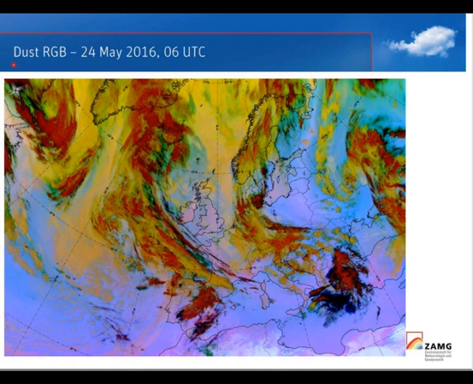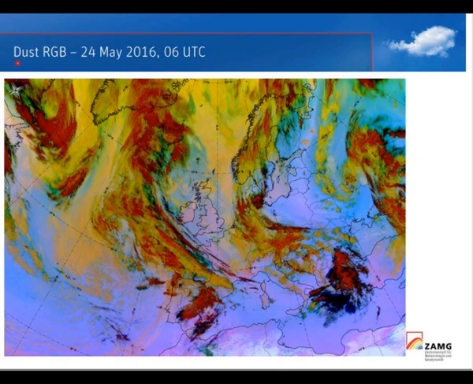So you see the same weather situation, the same weather pattern. We still have our occluded system over here with the warm front. We have some occlusion here. And it's the same weather situation, but you see so much more information on this image due to the different colors. So the colors give you much more information than just white and gray scales.